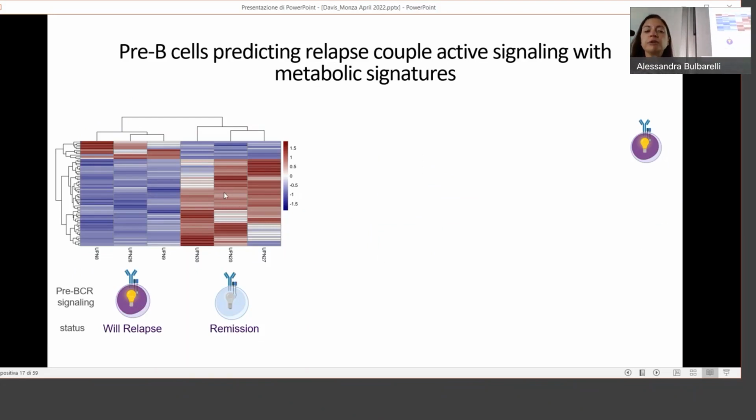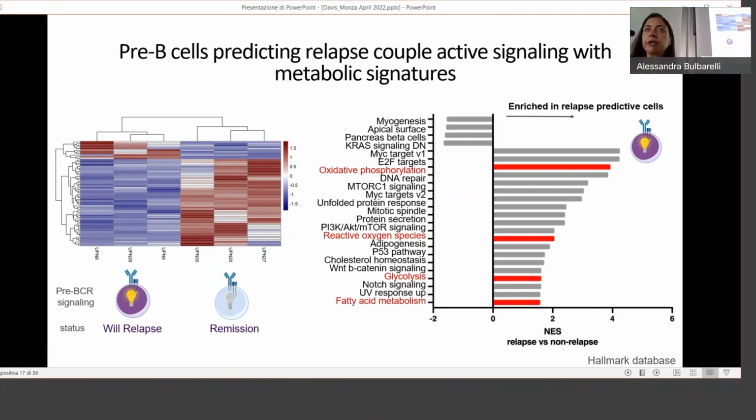And we did find, of course, differential expression of a bunch of genes. What was really interesting is that the pathways that started to come out as enriched in the relapse predictive cells pointed to a lot of cellular metabolic processes focused around oxidative phosphorylation, reactive oxygen species, glycolysis, and fatty acid metabolism.